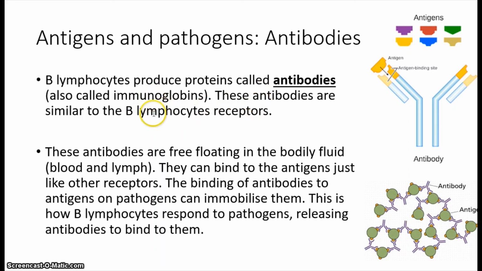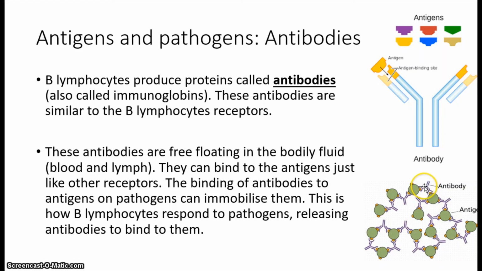These antibodies are proteins, and they're very similar to the receptors that B lymphocytes contain. They are produced by our B lymphocytes, and they're free floating in the bodily fluids such as our blood and our lymph. They can bind to antigens just like other receptors, and the binding of these antibodies to the antigens on the pathogen usually immobilizes them. If you can imagine these little dots here might be some sort of pathogen that's trying to cause some disease, you can see they're all stuck together and attached to each other by these different antibodies.